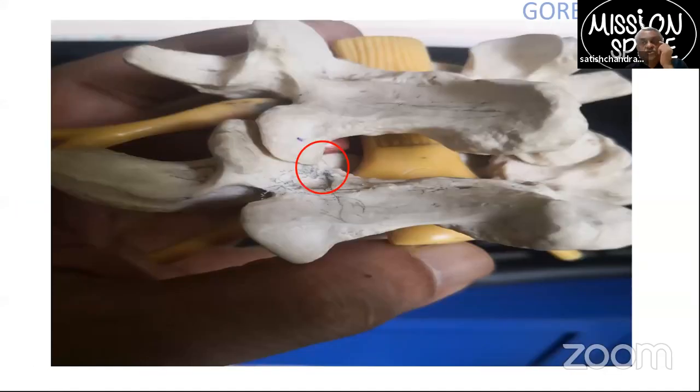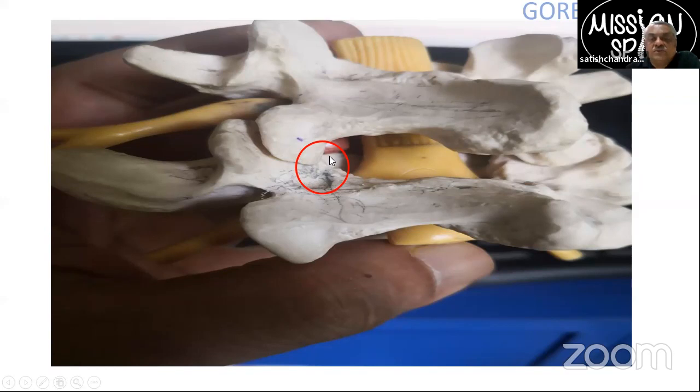Now, I'm trying to point out to you a new area where I'm holding a plastic model in my hand, and I've drawn a red circle on the left side, and this is the lower part of the foramen. Now, if you see this facet joint, we are at the tip of the inferior articular process, and we are looking at the facet plane.